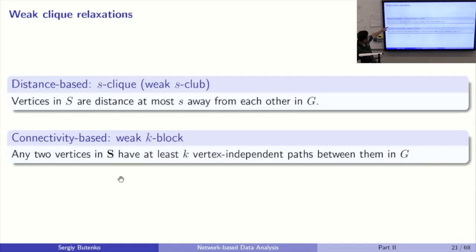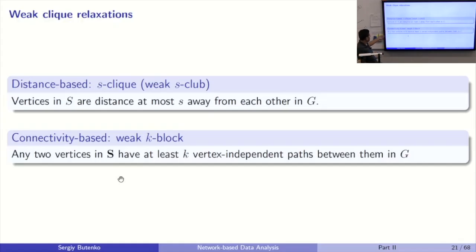S-clique is one example. Then you could define, let's say, a weak K-block. This has to do with an equivalent characterization of K-connectivity. A graph is K-connected if and only if there are at least K vertex disjoint paths between any pair of vertices in the graph. So you can define the concept of connectivity through the paths, right? This is a case of this implicit use of paths, right?